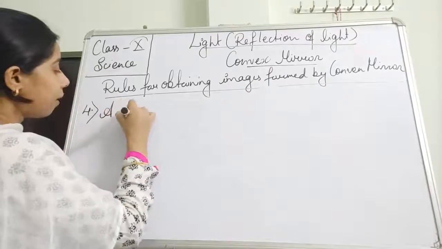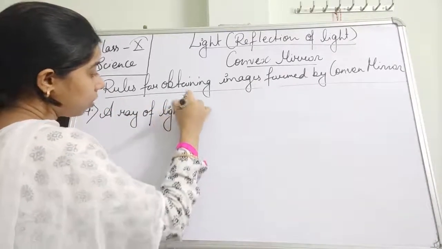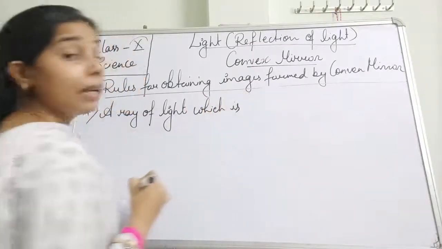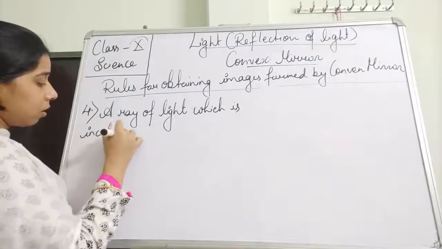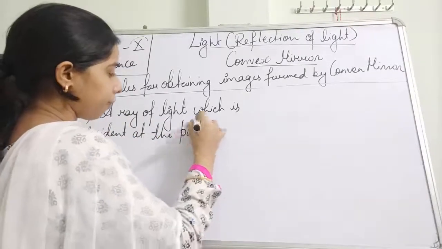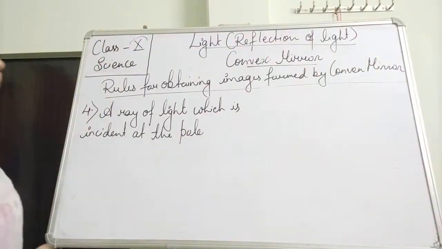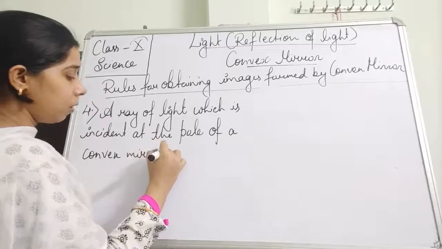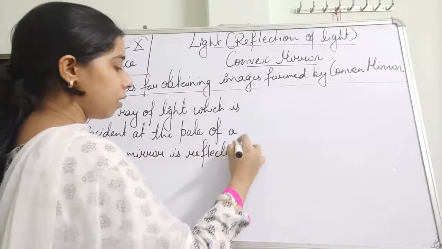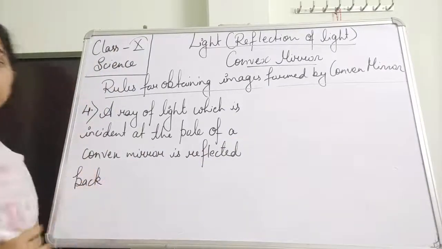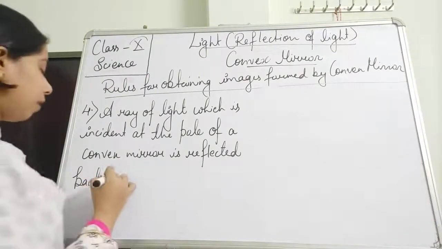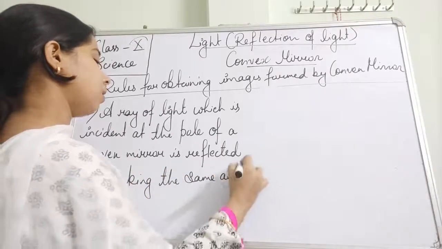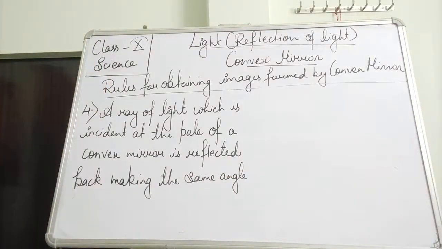So here we can say a ray of light which is incident at the pole of a convex mirror is reflected back, making the same angle with the principal axis.